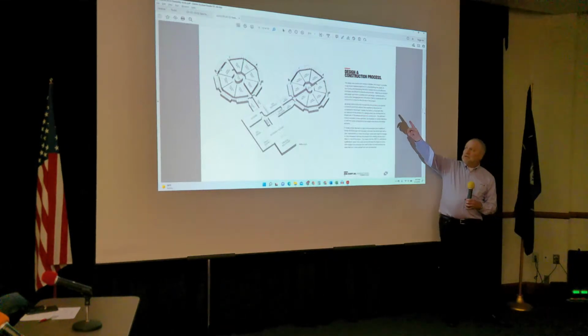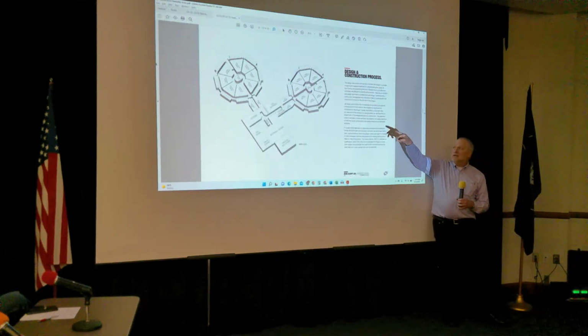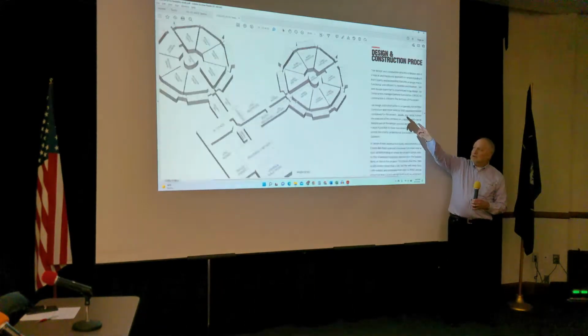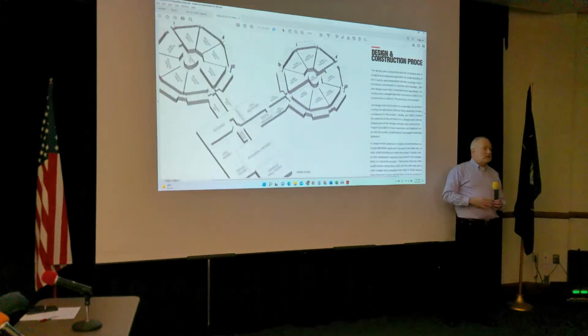And special needs areas like medical, psychiatric, addiction, and others could be separated in some of the other day rooms that aren't required for female inmates.